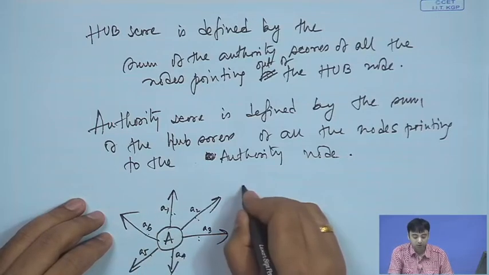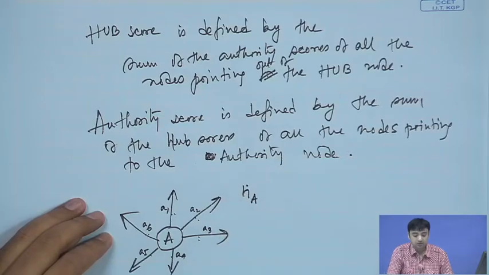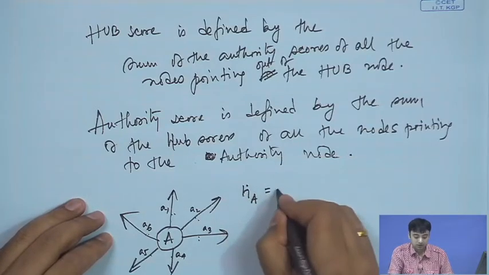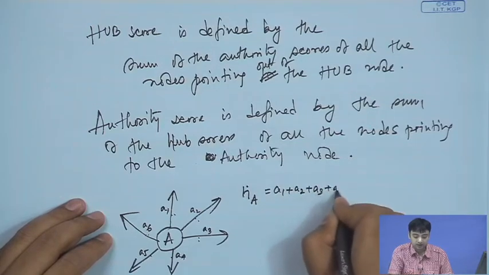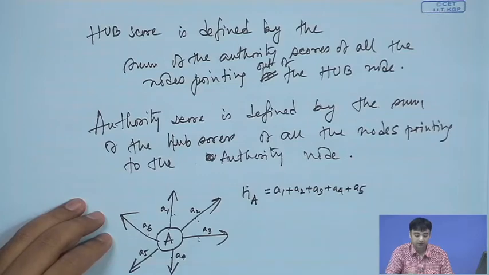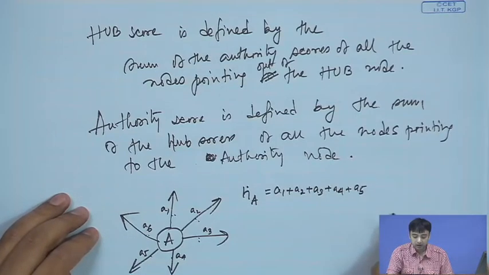So, the hub score of the node A, if we denote it as HA, should be equal to A1 plus A2 plus A3 plus A4 plus A5. Okay. Similarly, the authority score can be computed.